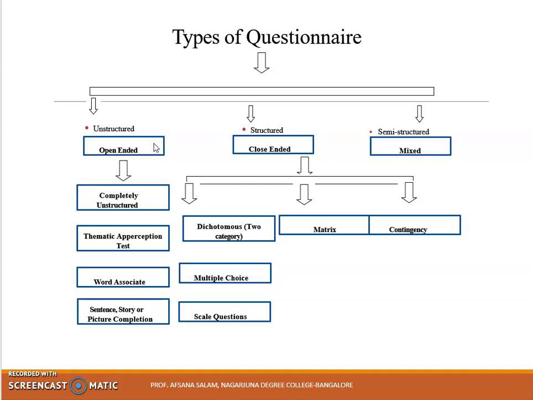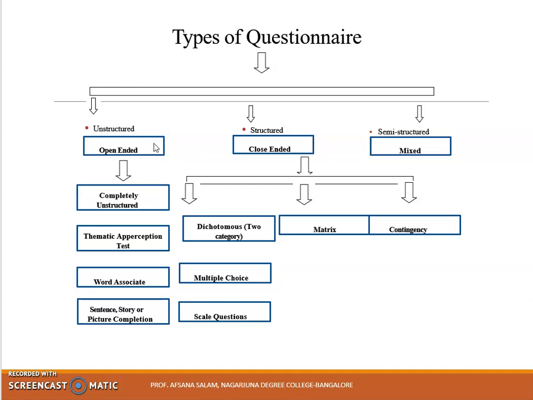For example, if you ask how much you're satisfied with the e-learning process, which is online education, without any options, you will just give your answers. It has no structure, there are no options given, and each one of you will give a different opinion.